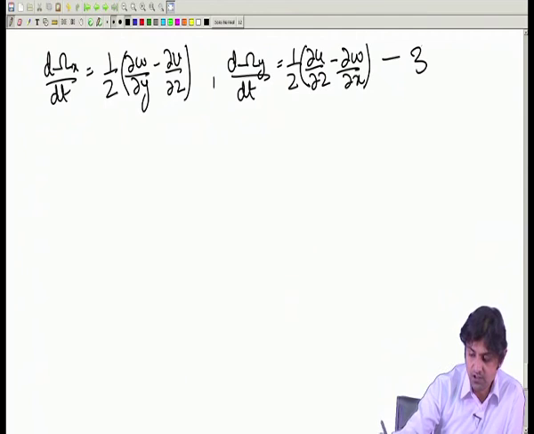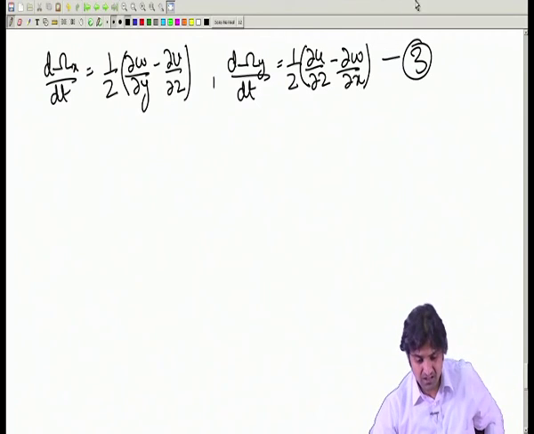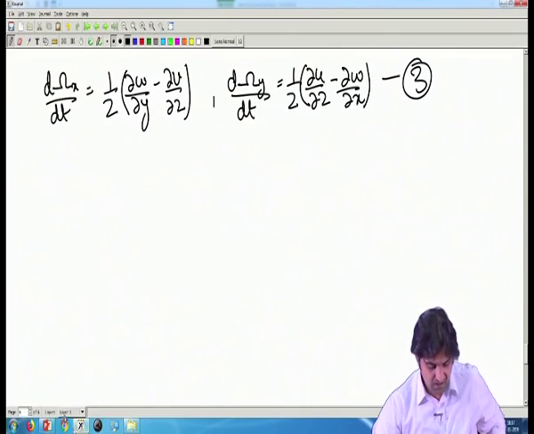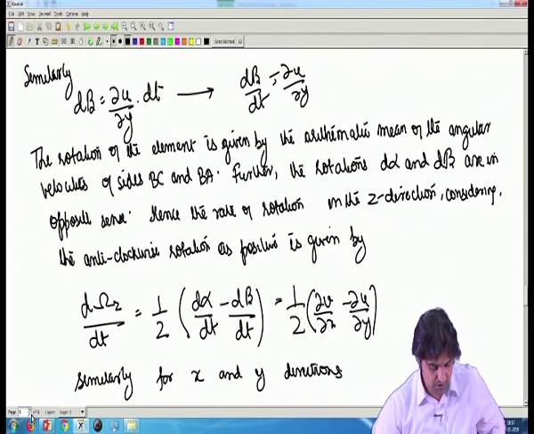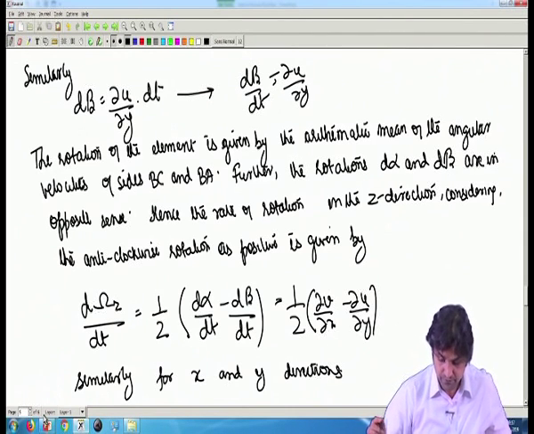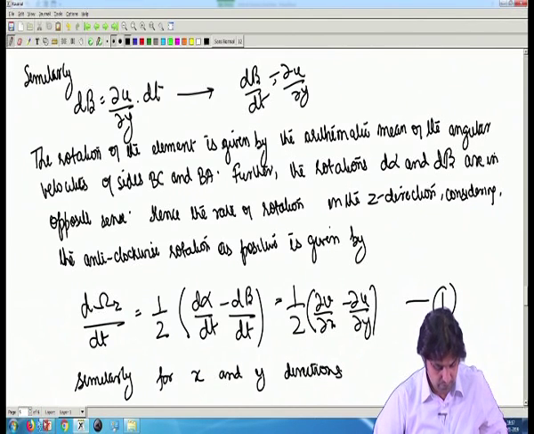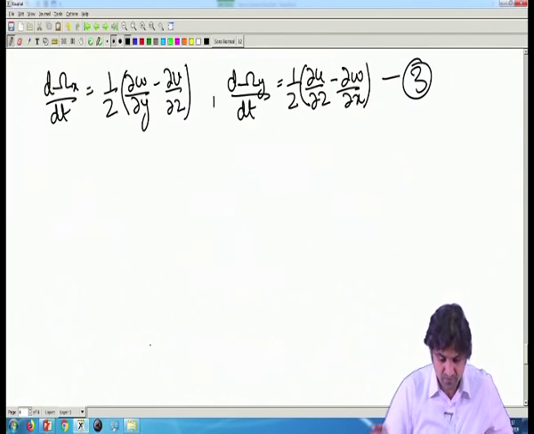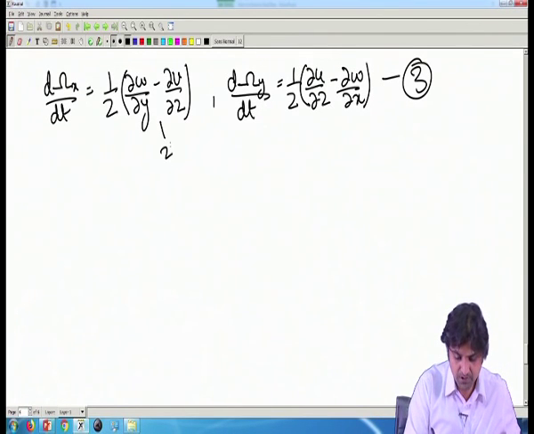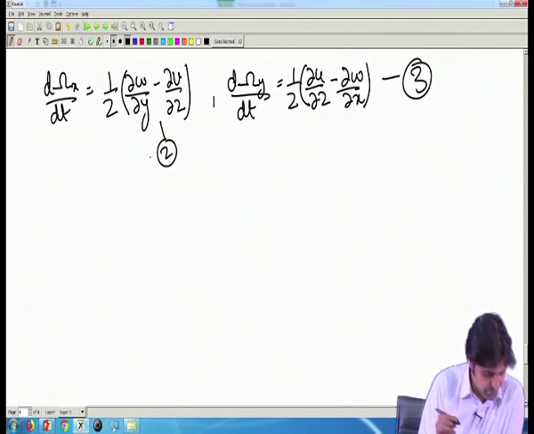So, let us call this equation number 3, and the other two equations, let us say this is 1 and this was equation number 2.